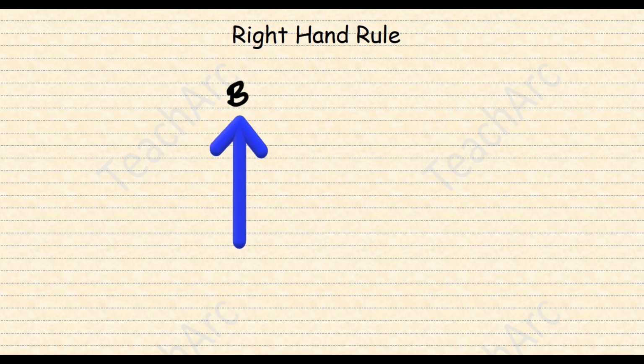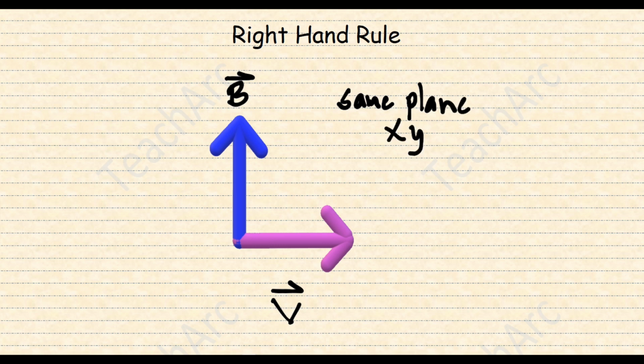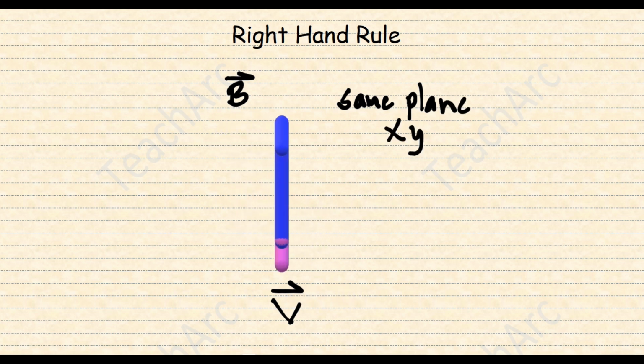The magnetic field and the velocity lie on the same plane. In this example, the plane is the X and Y plane. Alternately, you can imagine these two directions appear as a single line when viewed at a certain angle. The magnetic force is always perpendicular to this plane or to the line. You can say that the magnetic force is along the z-axis.